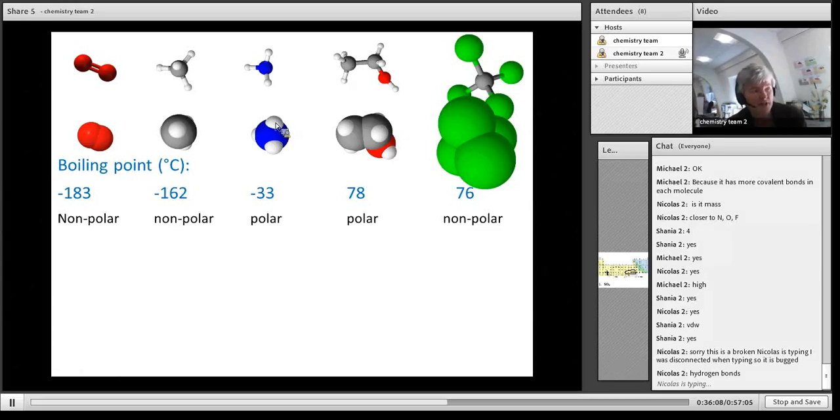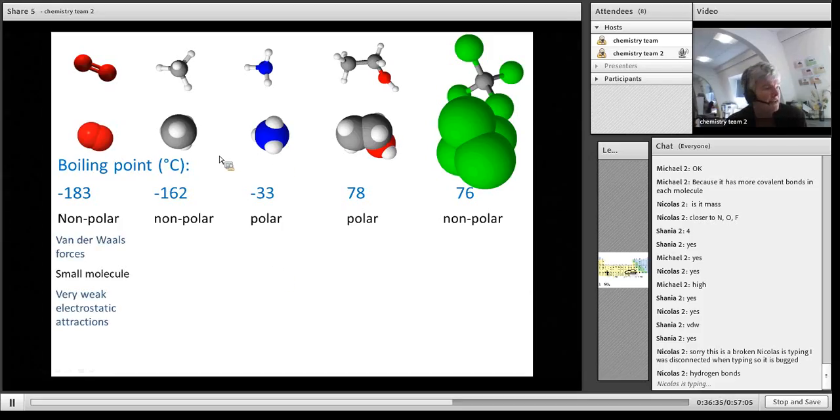So here we've got hydrogen covalently bonded to the nitrogen, and that means that the ammonia molecule can form hydrogen bonds with another ammonia molecule. And those are strong forces of attraction, so to melt something we have to separate those particles, and that is going to require more energy.